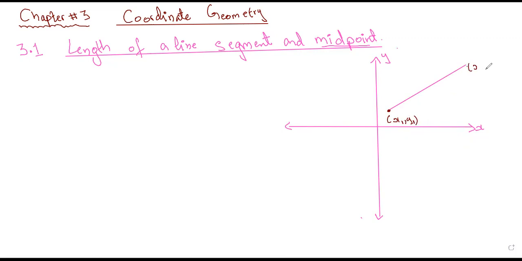This point is x2, y2, and I am interested in finding out the midpoint of this line segment. So midpoint of this line segment would be somewhere here. When I say midpoint, I'm not interested in this length or stuff like that. No, I'm saying midpoint. So by midpoint, I mean the x and y coordinates of this point, right? And we need to find a formula through which we will be doing so.